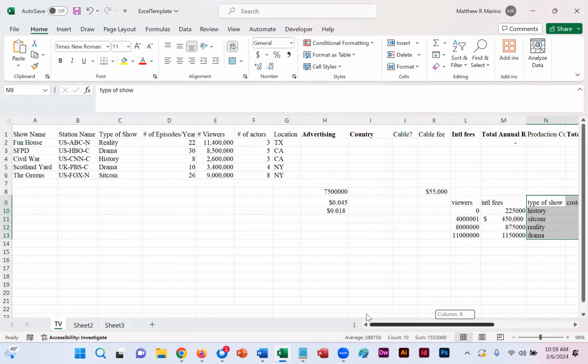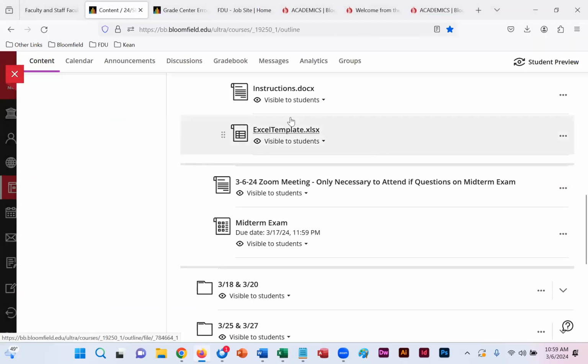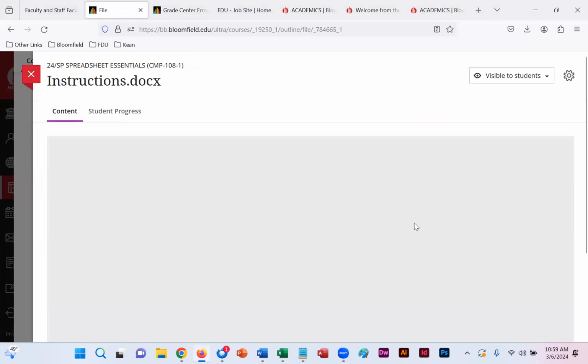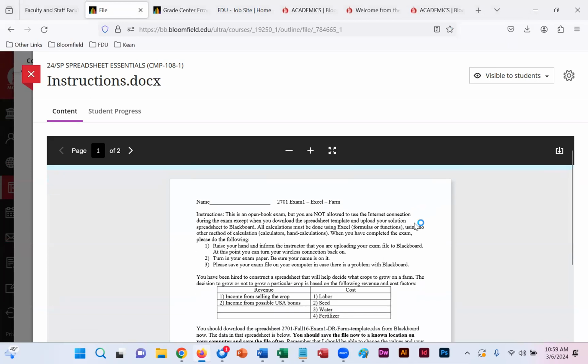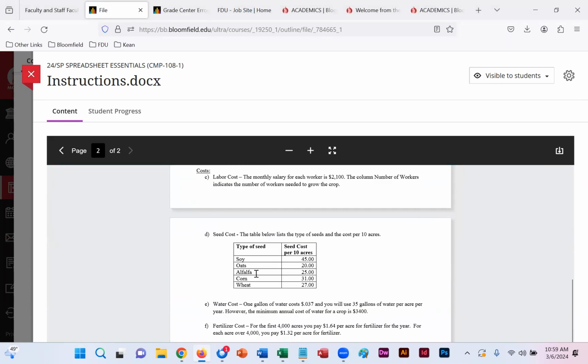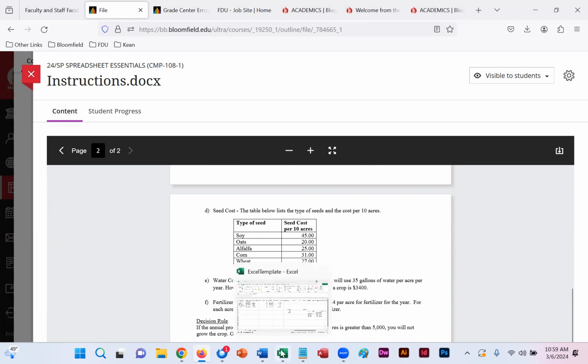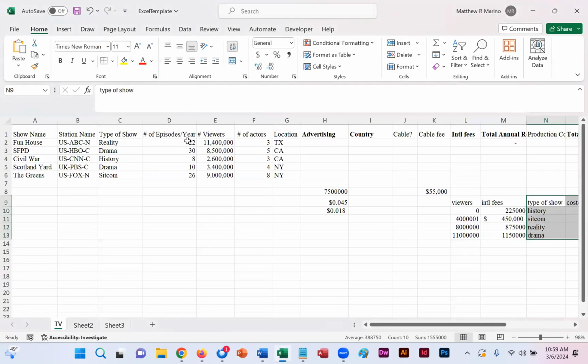Then you multiply the VLOOKUP by your number of episodes. It's similar to what you did with the seed cost, but you multiply it by the number of episodes per year.